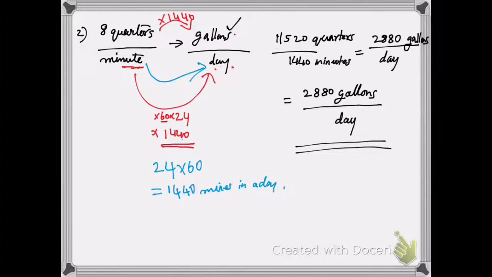So when you transform minutes to a day, you want to multiply with 1440, and that's exactly what you did here. You have 1 minute, because you can assume that you have 1 minute here. You multiply 1 with 1440, and you will get 1440.